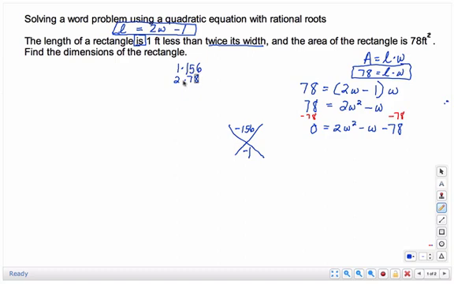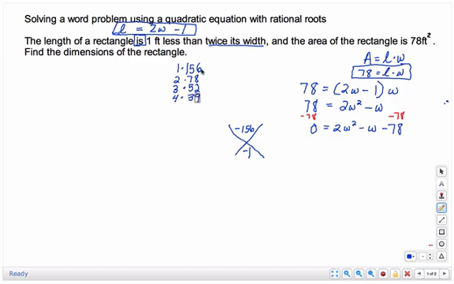So that tells me that 156 is divisible by 3. That's a quick way to check. So I divide it by 3, and that gives me 52. Then I can tell I can divide it by 4 because this value is even. So 156 divided by 4 is going to give me 39.